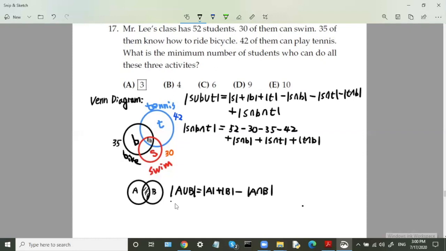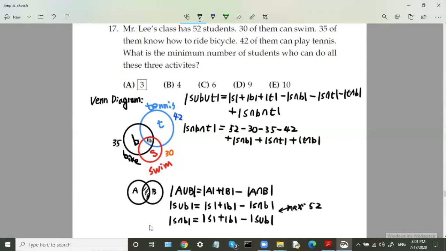So then we have S union B equals S plus B, subtract the intersection S and B. So then intersection S and B equals S plus B minus S union B. As we know, S union B, the largest number is 52, so this is maximum 52, which gives this minimum.